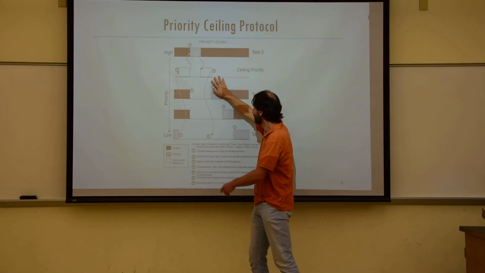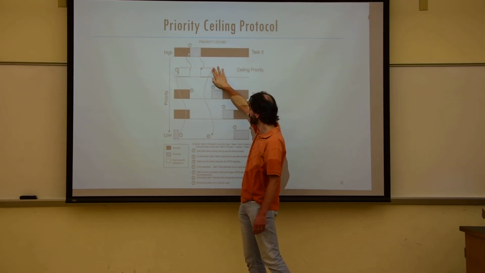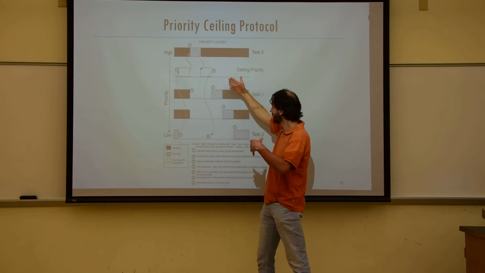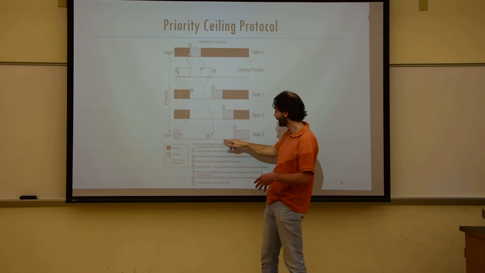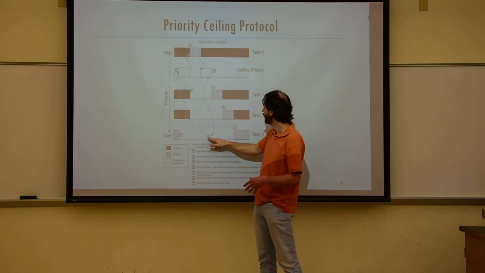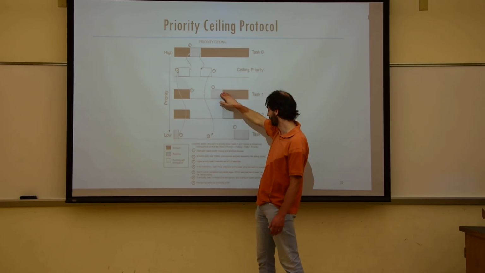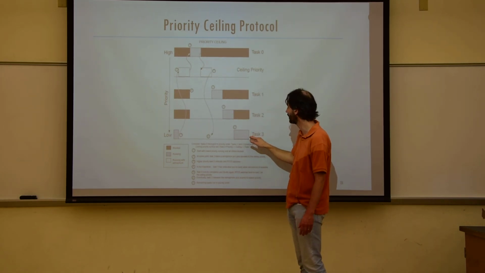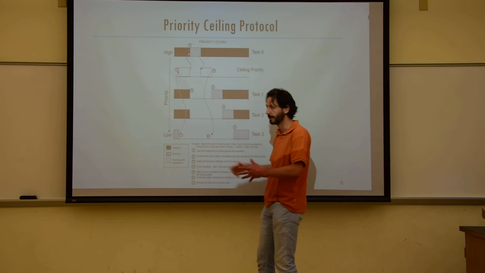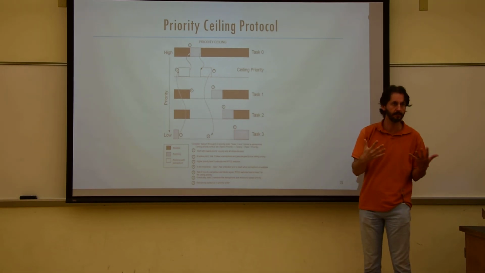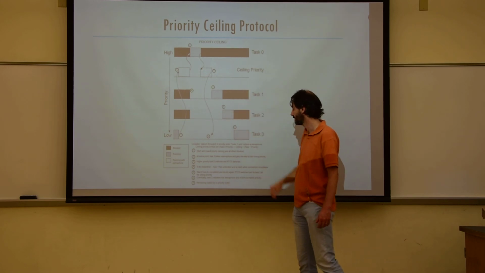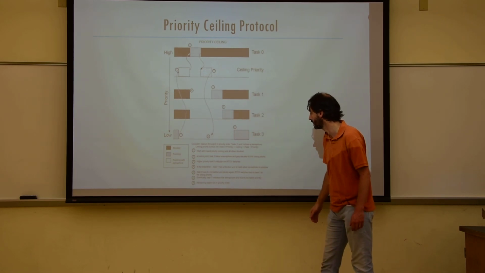This 5 to 6. So effectively, you're done with the computation, you unlock the semaphore, the priority gets reverted to the original priority, and for that reason, task 1 can take over in 7 because it's a higher priority than task 3. So 5, 6 and 7 happen pretty much at the same moment, right? And task 1 is taking over the computation at 7.